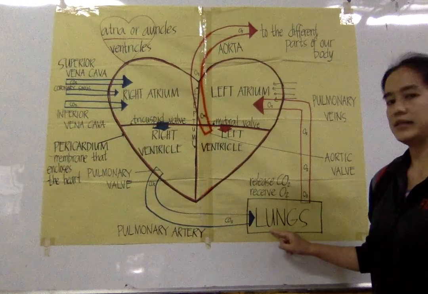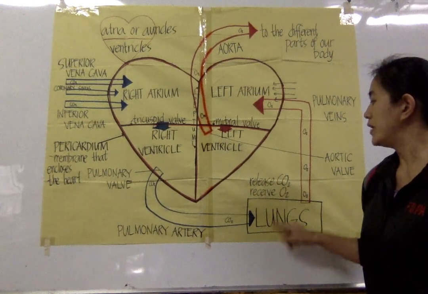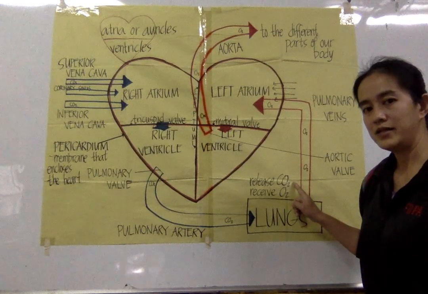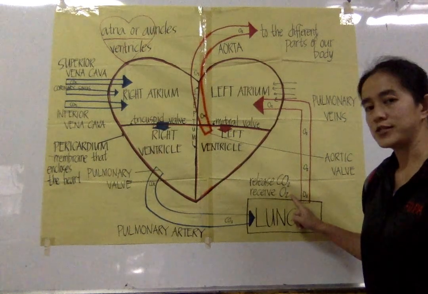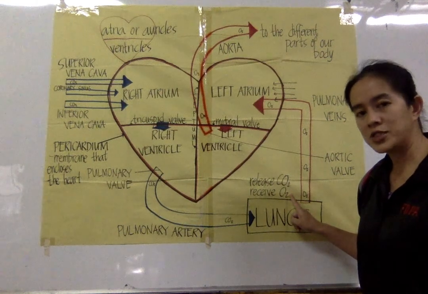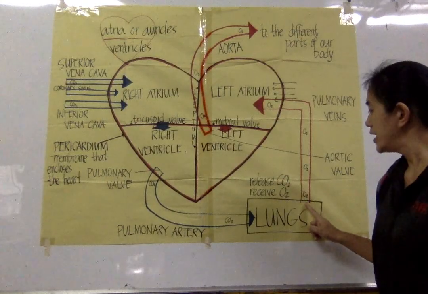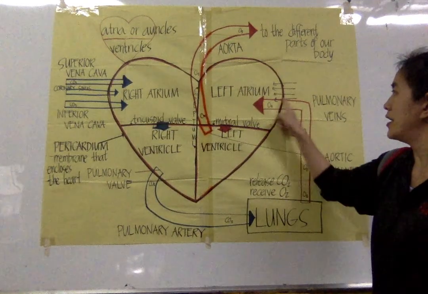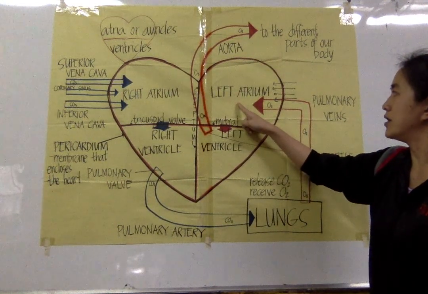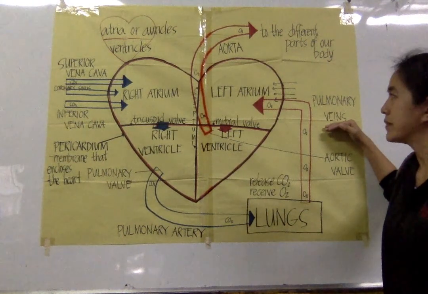In the lungs, specifically in the alveoli, the blood will release carbon dioxide and receive oxygen. Blood containing oxygen is called oxygenated blood. So, oxygenated blood will go back to the heart in the left atrium through the pulmonary veins.